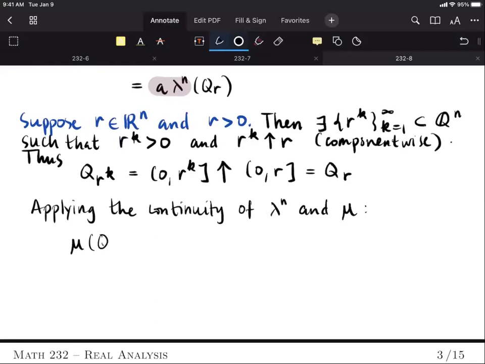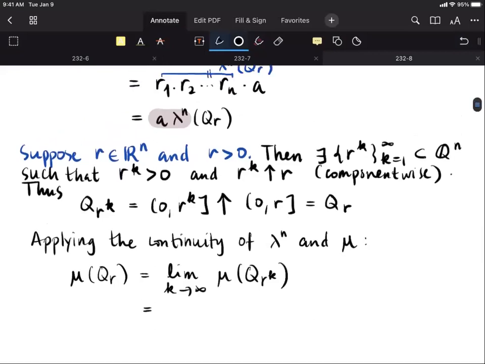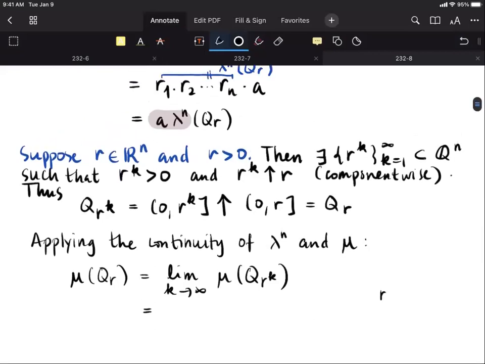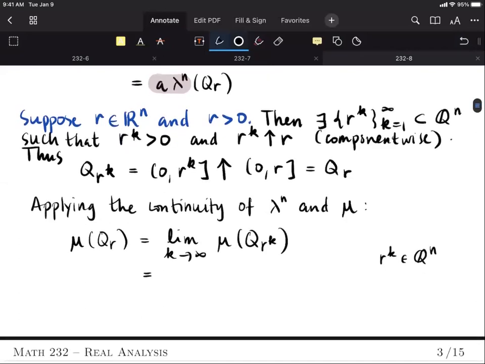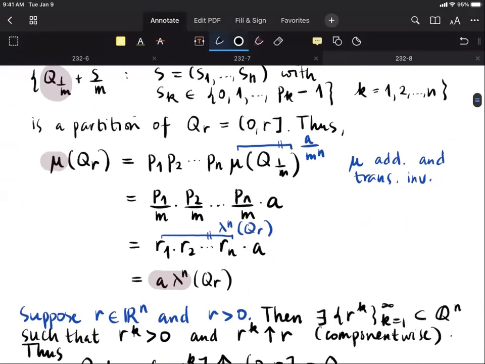So mu of Q_R is the same as the limit as k goes to infinity of mu of Q_{R_k}, again due to the continuity from below of your measure mu. And take note that R_k is now rational. So we can apply the previous case, replacing R by R_k.